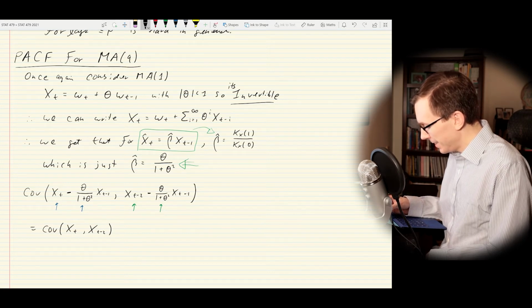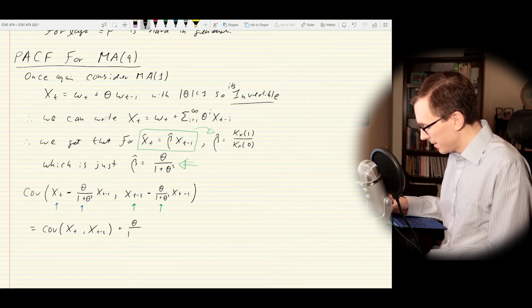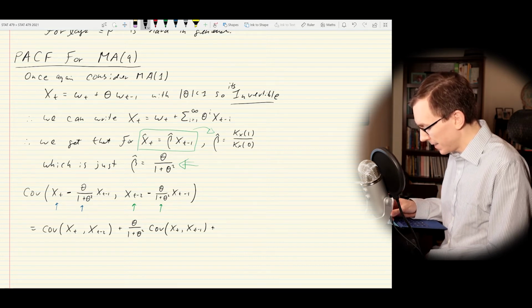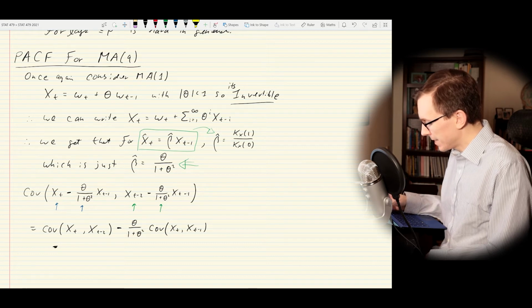And the covariance, well, bilinearity, so I'm going to take out that coefficient, and we're going to have xt minus 1, and then we're going to have another thing that looks kind of like that, but we're going to get a minus sign over here. Oh, I should have had a minus sign there as well. Minus that, and then we're going to subtract the next guy.